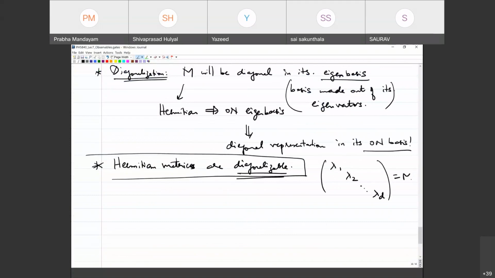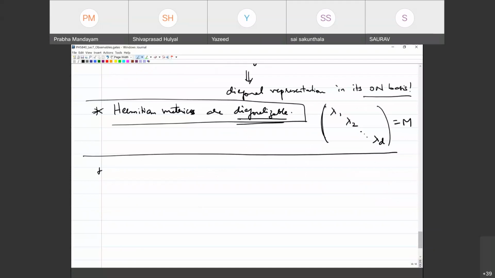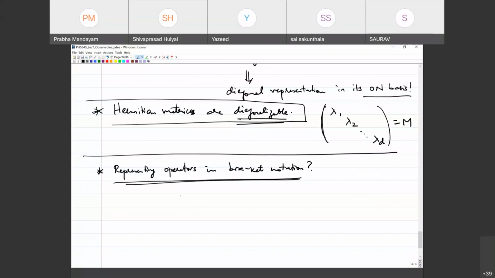Okay. Now, is there a way to represent the operator in the bracket notation? So far I've just done matrix representation. So how about representing these operators in the bracket notation itself, right? Remember, when I take a vector and its dual, this gives me an inner product.